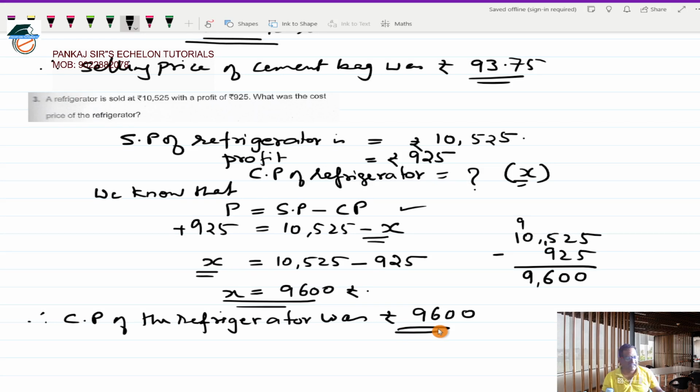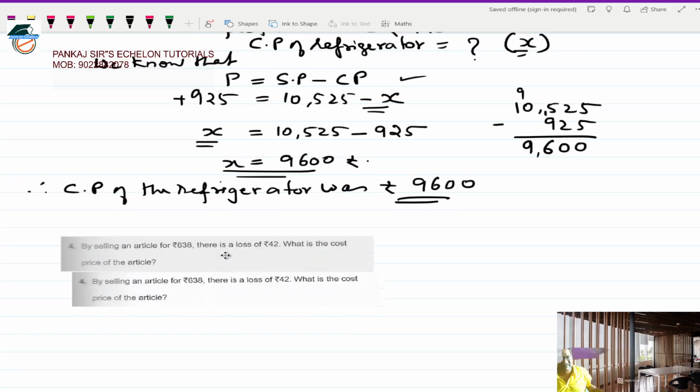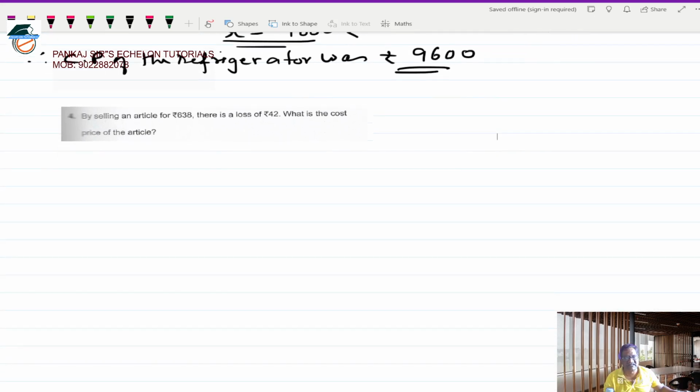Okay, so we are done with question number 3, and now we are going to start with question number 4. Perhaps this is going to be the last question of today's session, because we have already taken a lot of time. Anyways, the fourth question says that by selling an article for rupees 638.